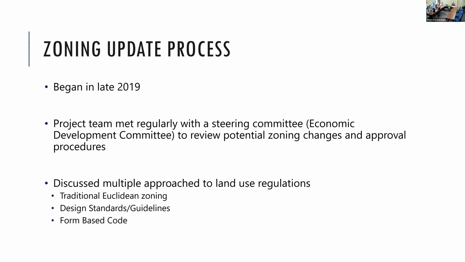We talked about the value of design standards or guidelines as an overlay, which you're already implementing here in the town. But ultimately the committee, which is the Economic Development Committee, who we primarily worked with, really saw the value in a form-based code because of the flexibility it affords developers and the ability for the town to really dictate their design preferences as part of future development.